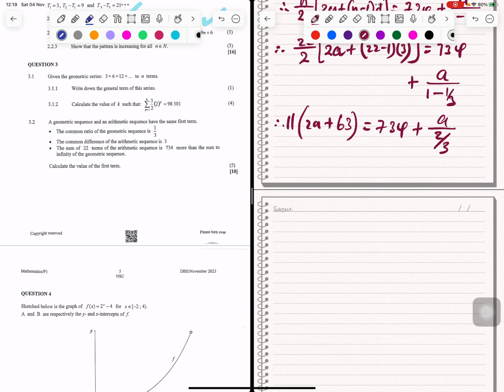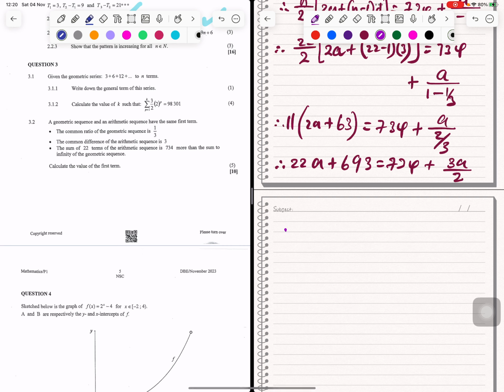So now you can say to yourself, let me multiply everything by 11. You get 22a plus 63 times 11. I'm getting 693, is equal to 734 plus, that is more like 3a over 2. If you simplify that, it's just the inverse of it. So it's 3a over 2, okay?